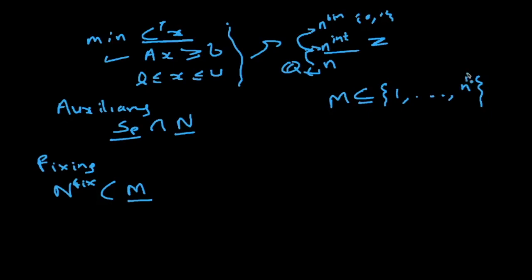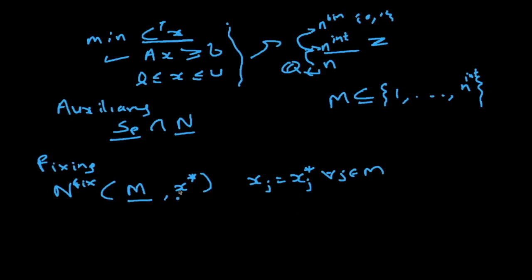So this can also be an int. Some of the integer variables it will fix to some solution value x star that I provide, so xj equals xj star for all j in M. Like all the other variables are free, they can take any values that they want. That's the standard fixing neighborhood.